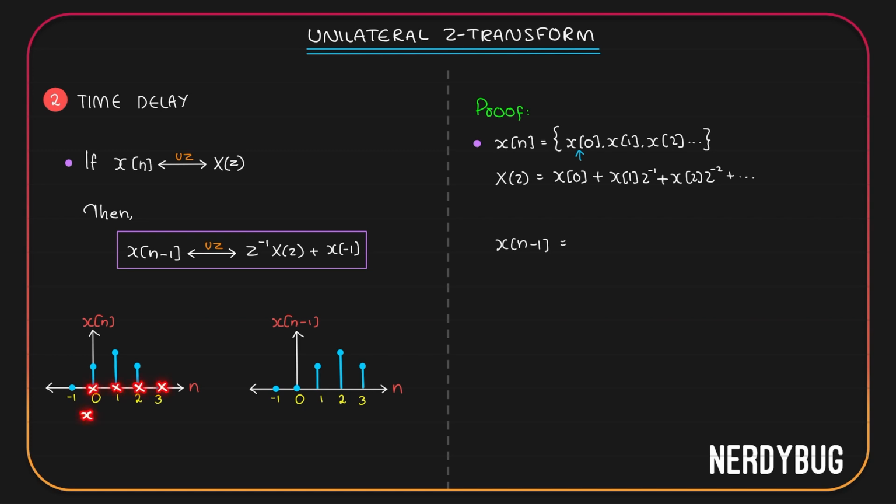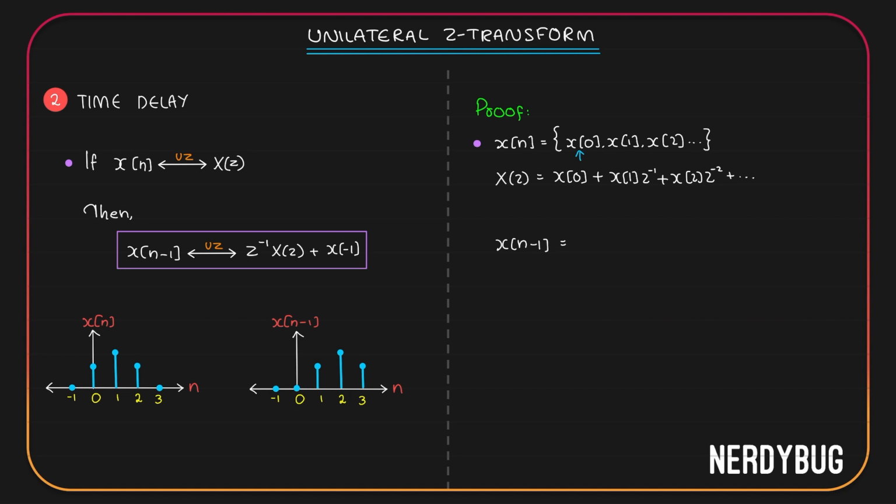This is x of 0, this is x of 1, this is x of 2, etc. For x of n minus 1, we will be taking all of these, where n is greater than or equal to 0. But for x of n minus 1 at n equal to 0, what we actually have is x of minus 1. At n equal to 1, we have x of 0. At n equal to 2, we have x of 1.